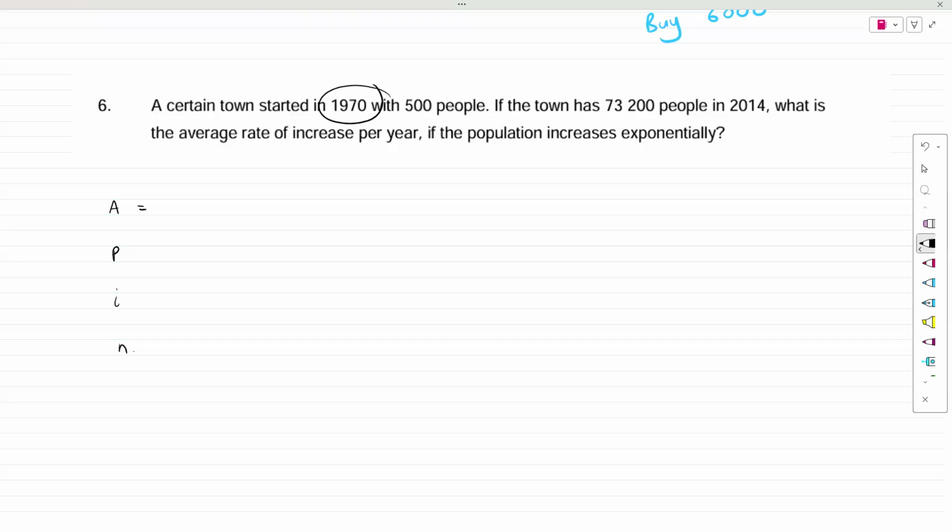So this town had 500 people, and then it went to 73,200 people. It started off in 1970, but it ended in 2014. So the number of years should be 44 years. That's all. And then we would just use A equals P times 1 plus i to the power of n.